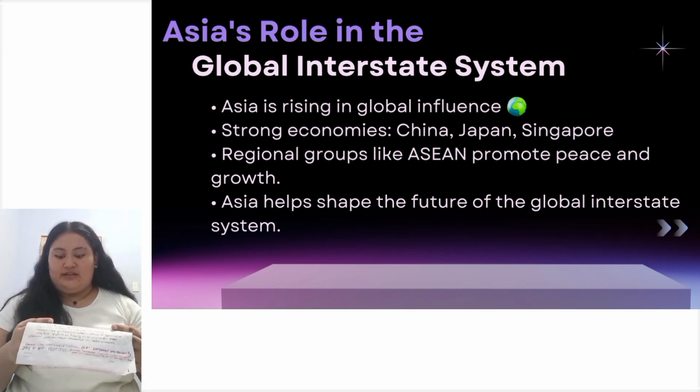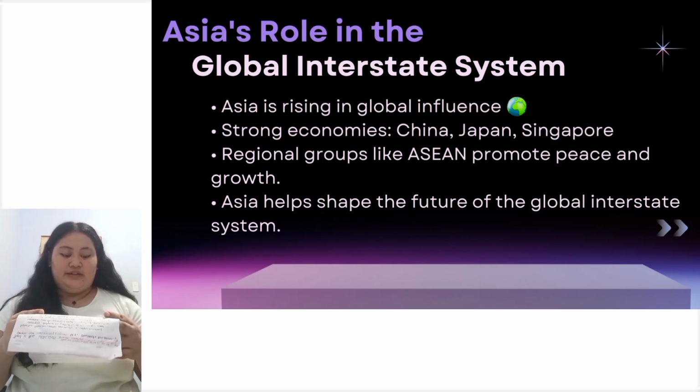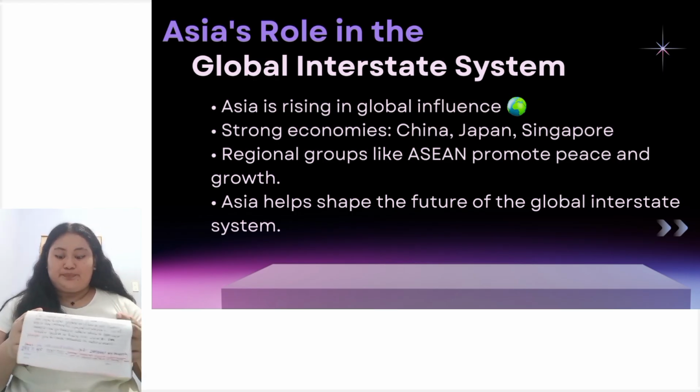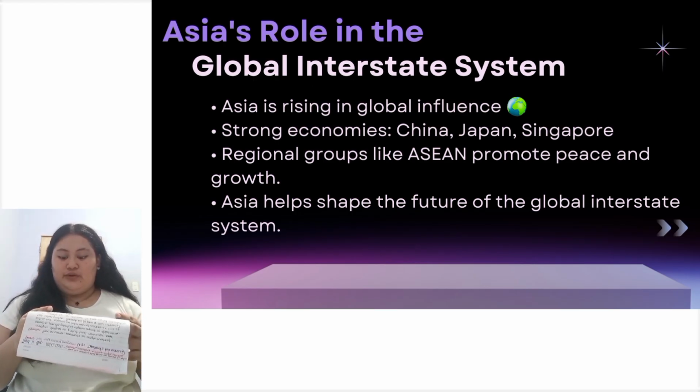Then the last is the security level. This level addresses the security challenges that often accompany globalization, such as transnational crime and terrorism. Example is the joint patrol versus terrorism.